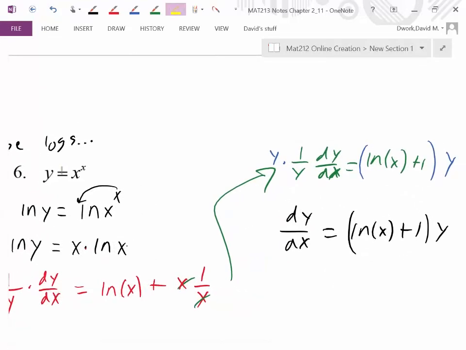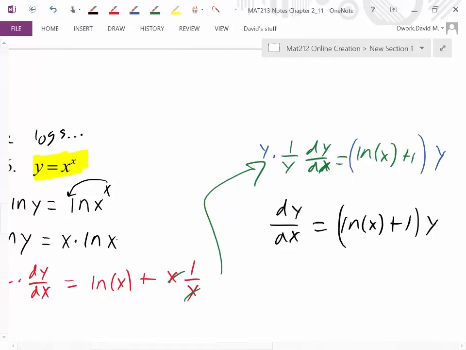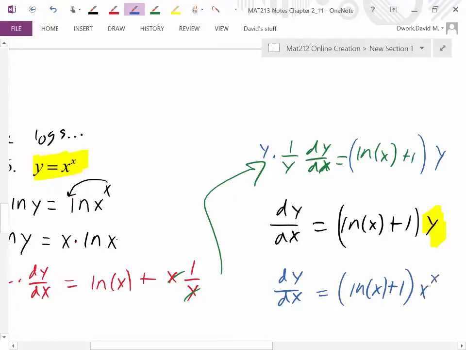In fact, we started out solving for y. We know exactly what y is equal to. So it's important in this problem that we sub y back in. So my answer is going to be dy/dx, which is equal to the natural log of x plus 1 times x raised to the x.